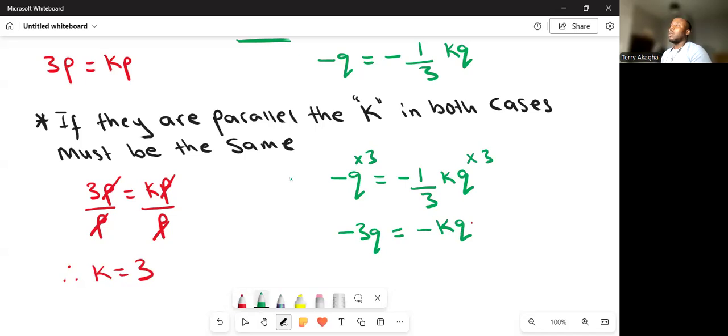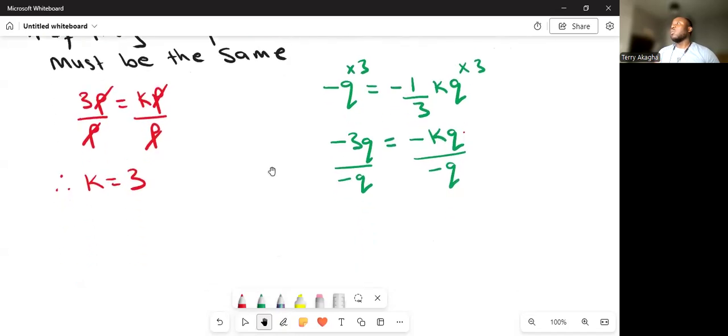Is that making sense? Now, in order for us to find K, I'm going to divide both sides by minus Q. So minus will cancel this, Q will cancel that, and that will give us K. And that will be equal to, minus will cancel minus to become plus, and Q will cancel this.